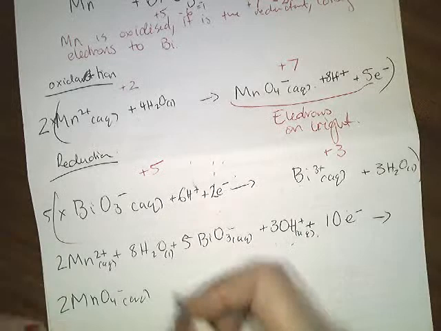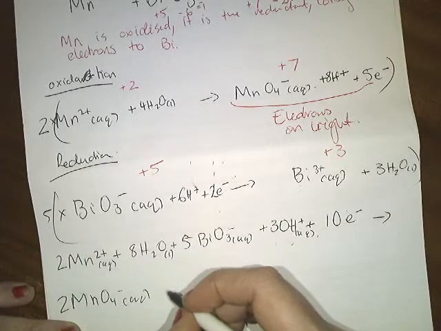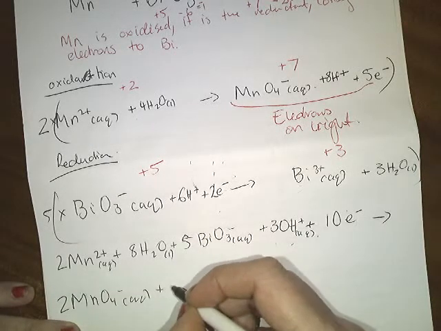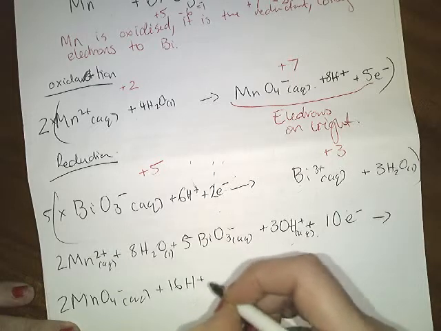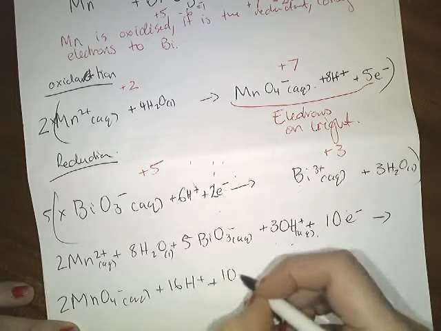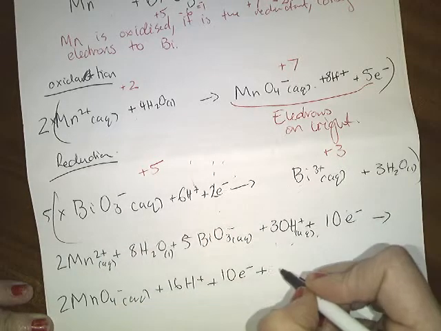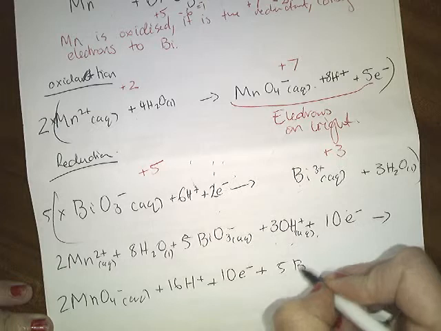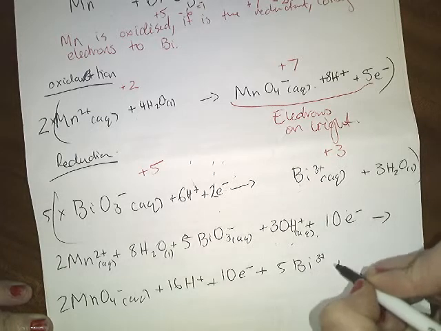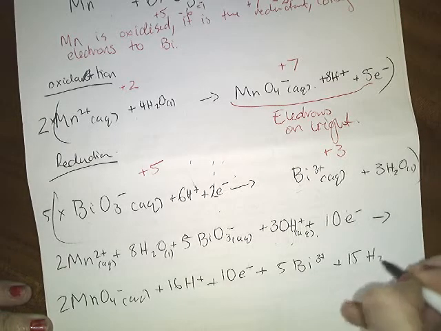That's weird. Okay, anyway, keep going. Plus 16 H plus 10 electrons plus 5 Bi3+ and plus 15 H2Os.